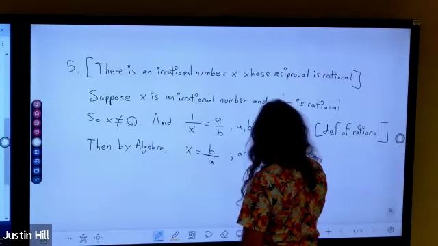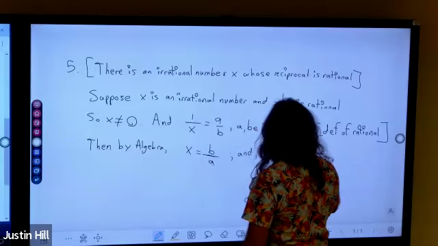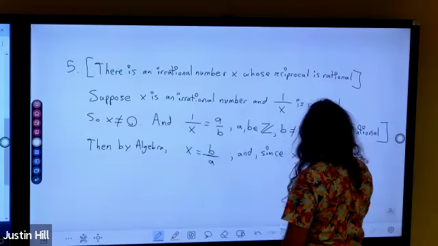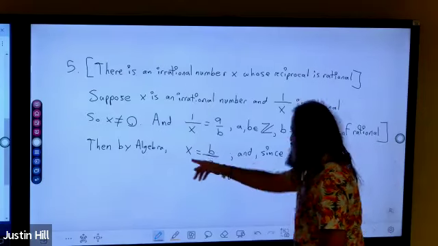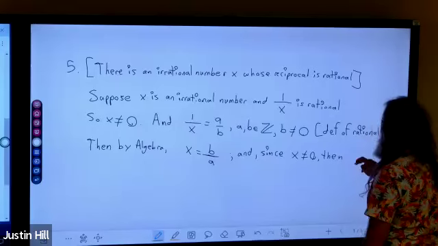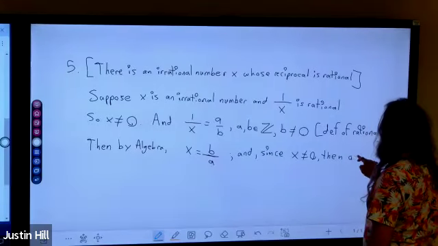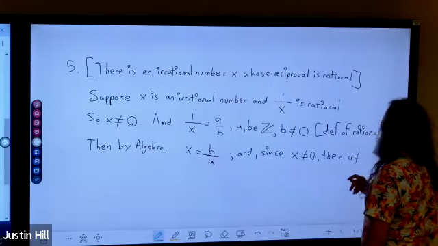And notice that since x can't be 0, if I'm assuming that this is what x is, then a can't be 0. Or sorry, b can't be 0, not.